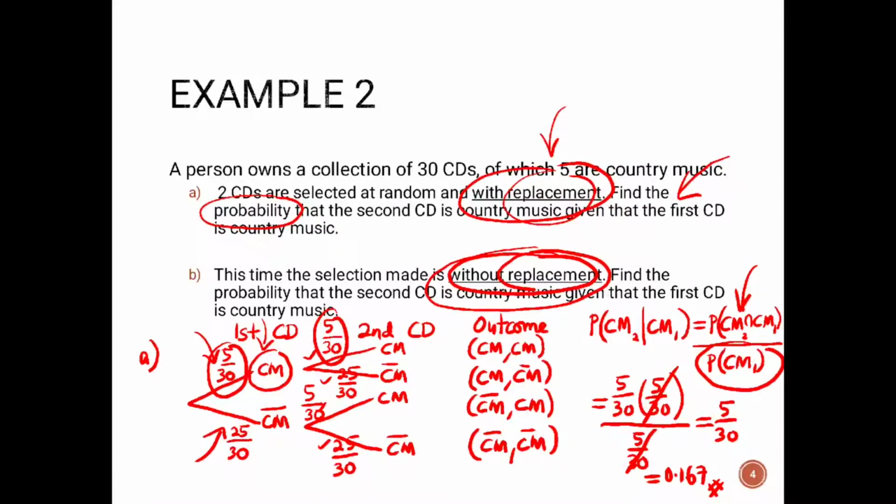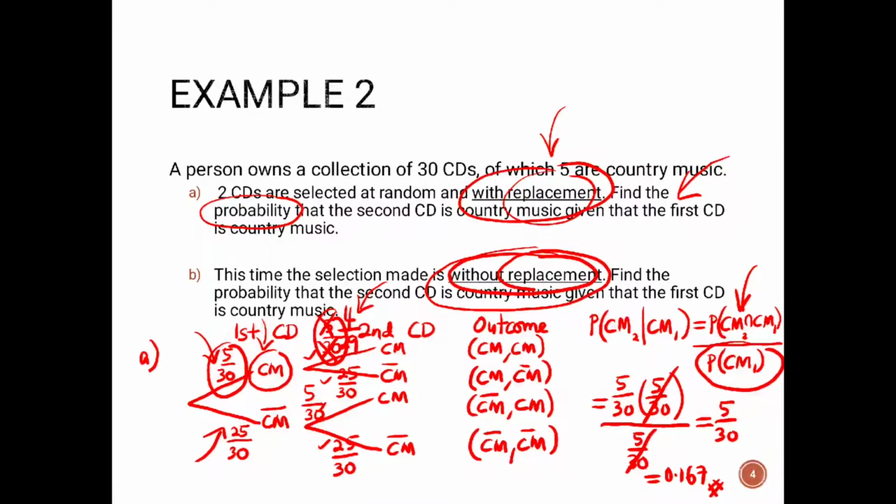That means during second selection, we are left with not 5 but 4 country music CD, and also the subtotal here is not 30 but 29. Okay, so the probability value here will be 4/29.